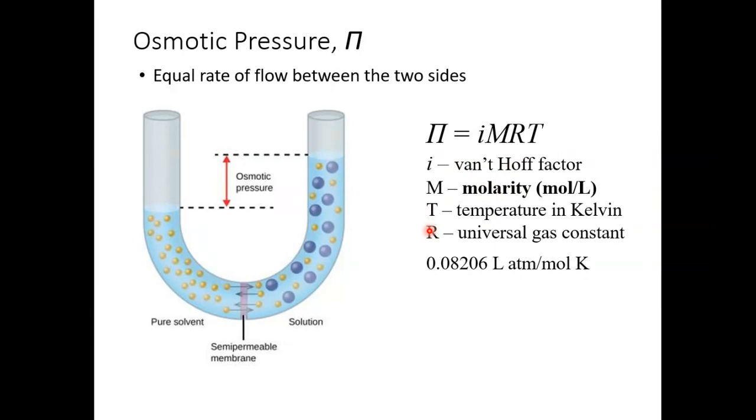Then we need molarity, and then we need temperature in Kelvin because we're using the gas constant R. And because we're using a gas constant, because we're talking about pressure, all temperatures have to be in Kelvin. Liters and moles, that's why we're using molarity. And what is our pressure, this osmotic pressure, going to be calculated in what units? It's got to be atmospheres.